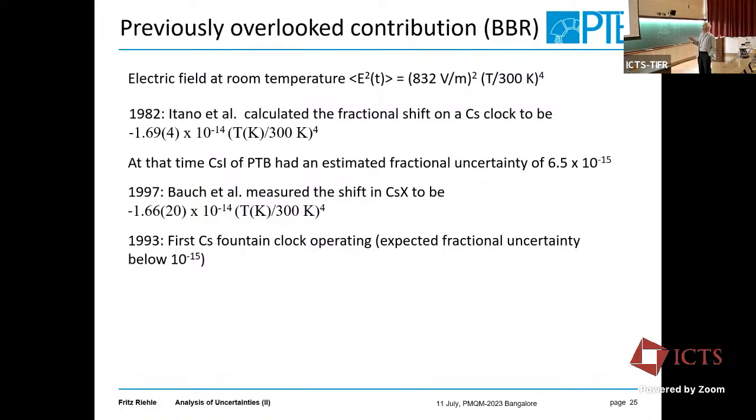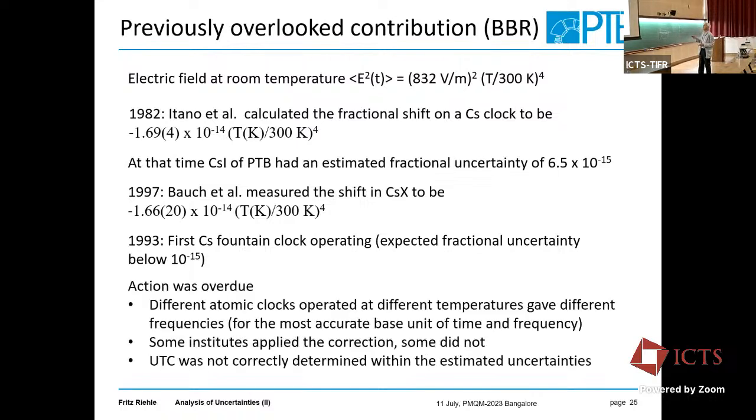And this is a 10 to the minus 14 effect. It is more than 10 times bigger than the estimated uncertainty. So this means action was overdue.